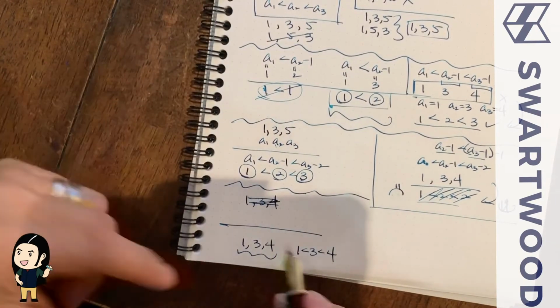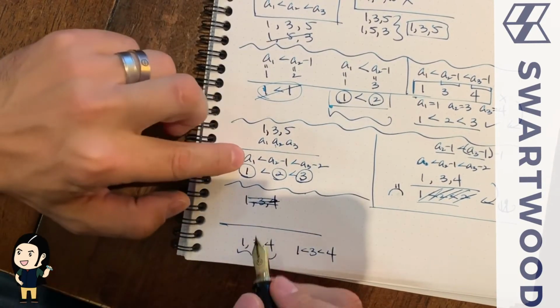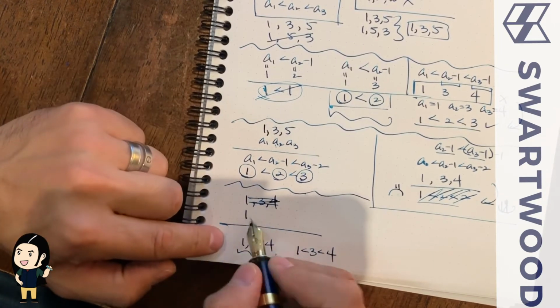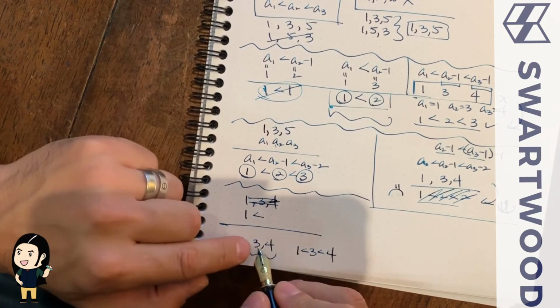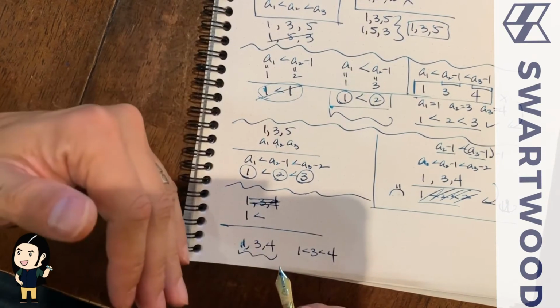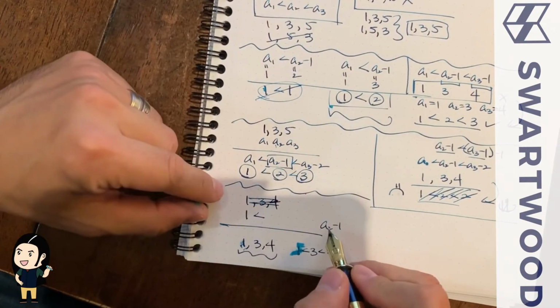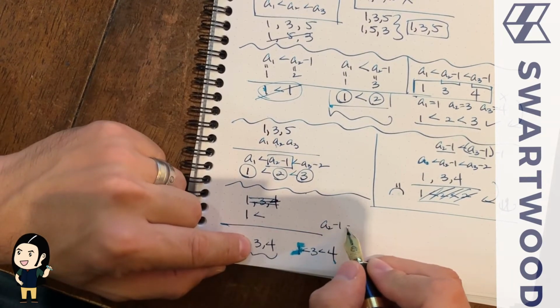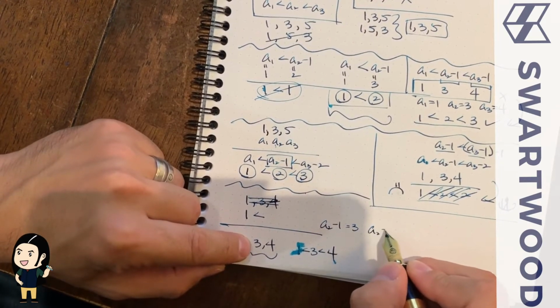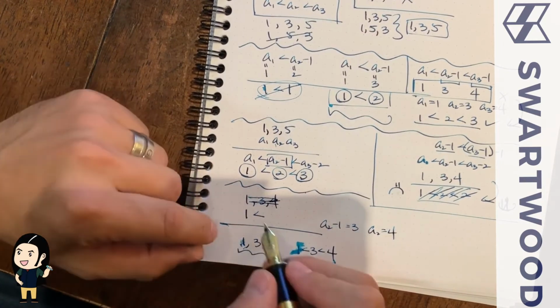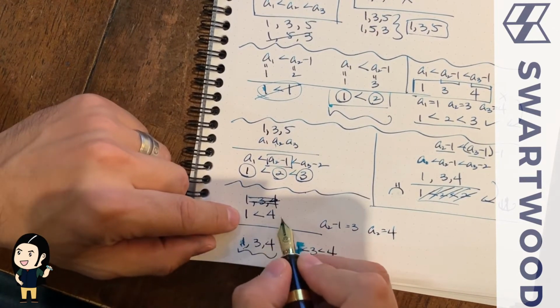I'm going to go backwards. So this is just A1, so it's going to be 1. But then what is 3? 3 is our translated statement, and our translated statement is this entire phrase here, A2 minus 1. So if A2 minus 1 is 3, then A2 is 4. So we're going to have 1 and 4.